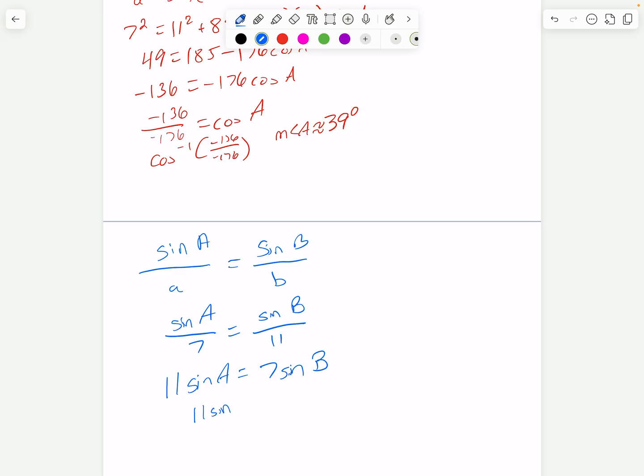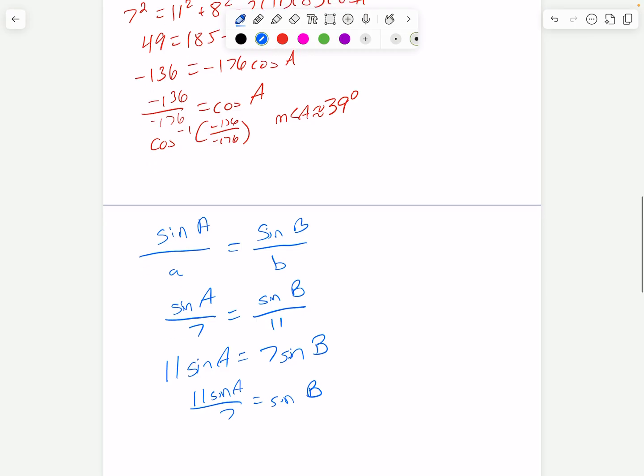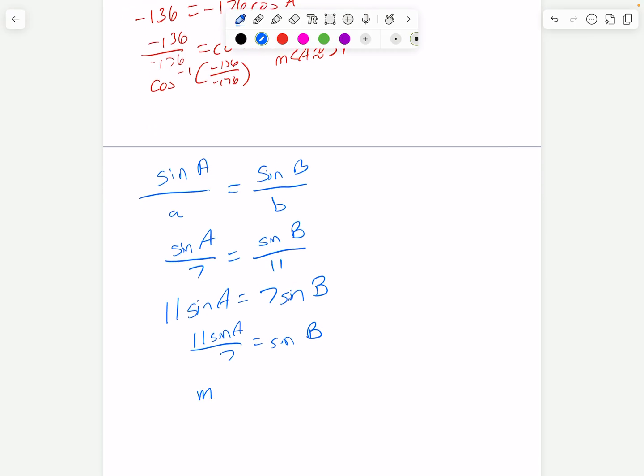It's 11 sine A divided by 7 equals sine of B, which means the measure of angle B is sine negative 1 of 11 sine A over 7, which makes the measure of, because we use the inverse sine function, that means the measure of angle B is about 86 degrees.